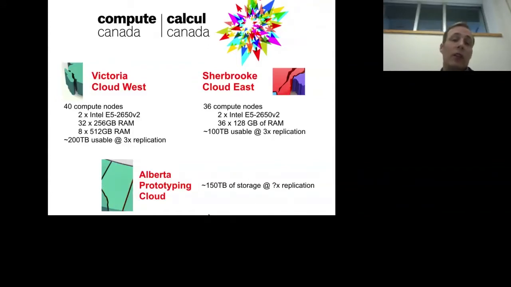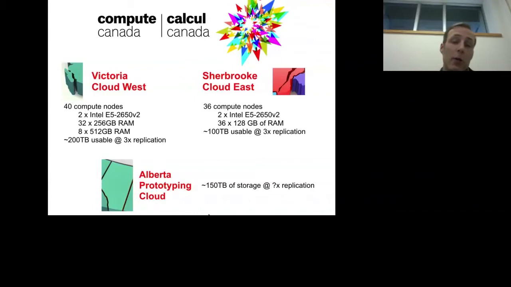We'll just use this to support researchers that aren't able to get more storage or direct access to some of the other clouds because they've already been allocated in the space that's there and that competition that happens every year in the fall. So there are other options that are available, but there's usually a trade-off. Victoria and Sherbrooke are very stable, right? And they're quite powerful.